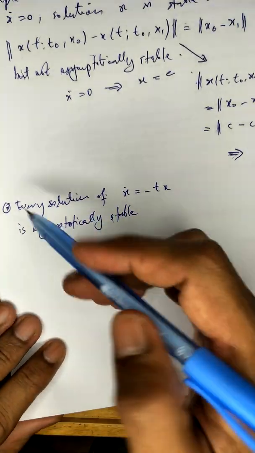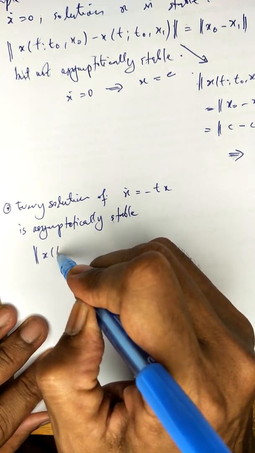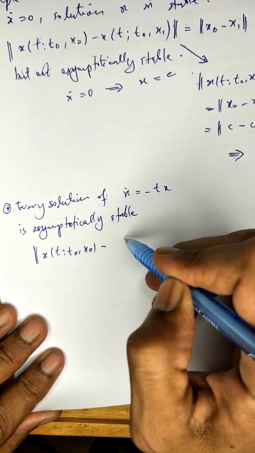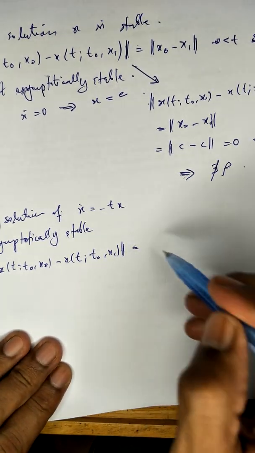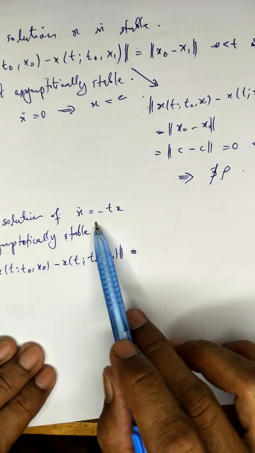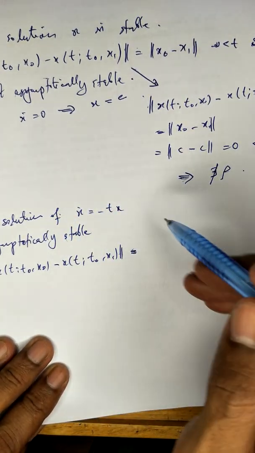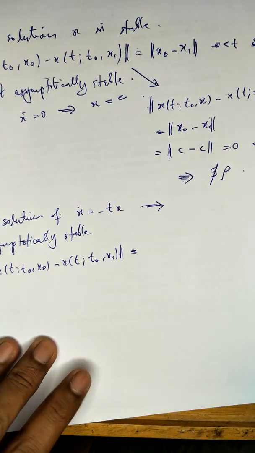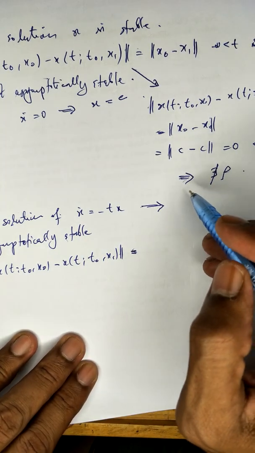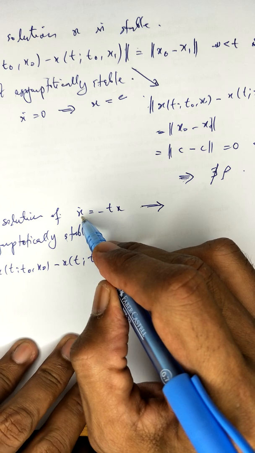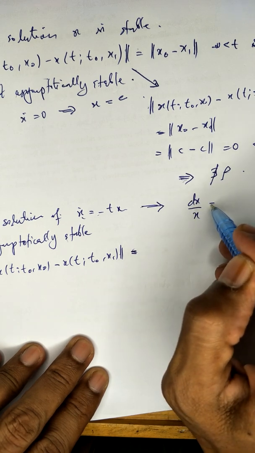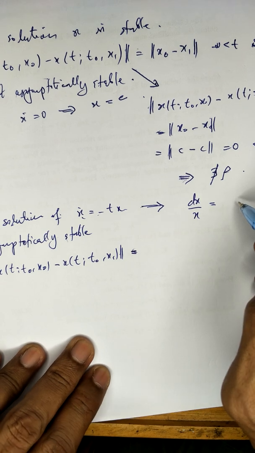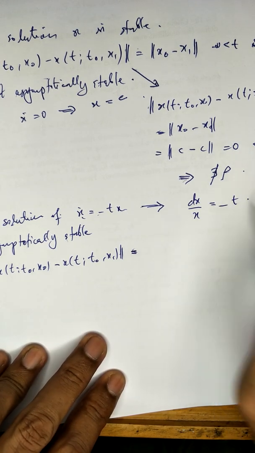Because if we consider the norm of x(t, t0, x0) minus x(t, t0, x1), what is the solution? I think it's not difficult for you to find it. You just separate the variables. x dot is dx/dt, so if you bring x to the left, you have dx over x equal to minus t dt.